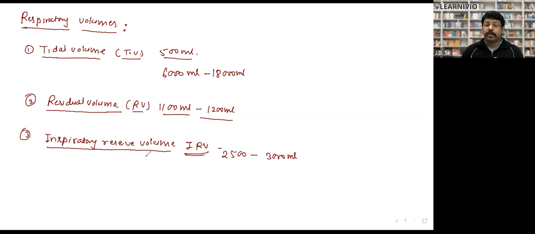I have told you that tidal volume is like I am breathing in, breathing out. That is 500 ml in one go, right? So TV is 500 ml. After this 500 ml, if I take a deep breath, like I take extra forcefully this way, the extra volume which I take in, that is 2500 to 3000 ml.